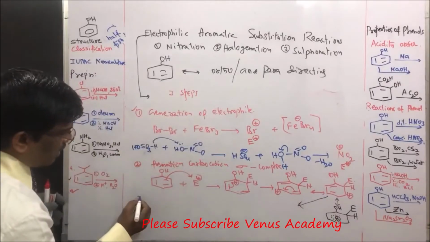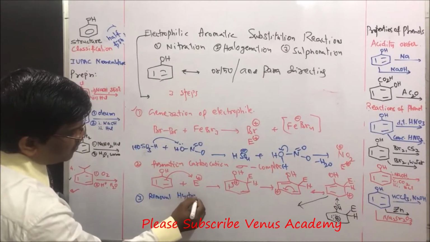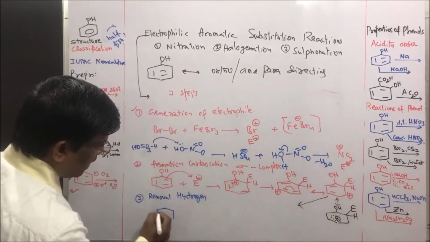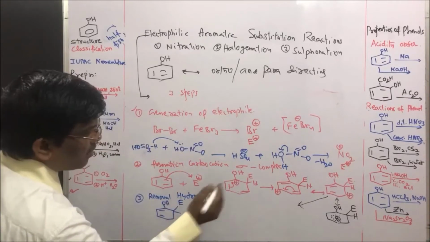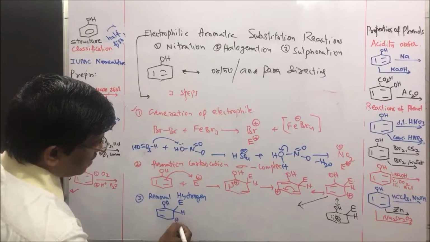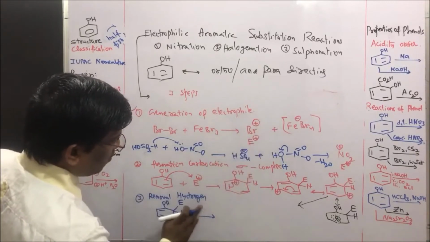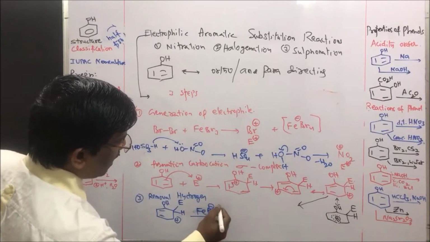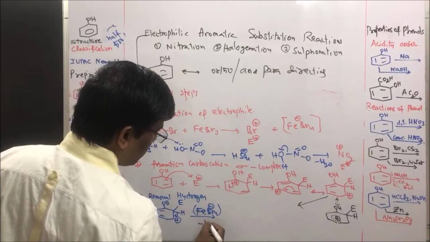The third step involved in this reaction is removal of hydrogen. So take this intermediate. It is having OH here and the electrophile is attached, and here hydrogen, and this is the positive charge. In presence of, for example, ferric tetrabromide, the bromine anion takes up this hydrogen, minus H plus.